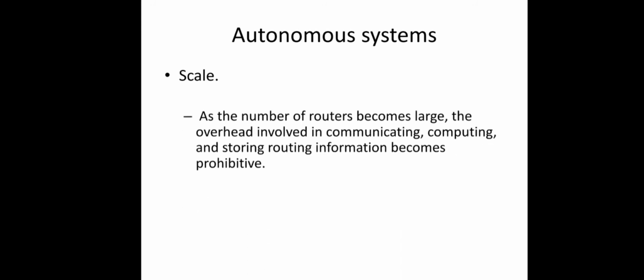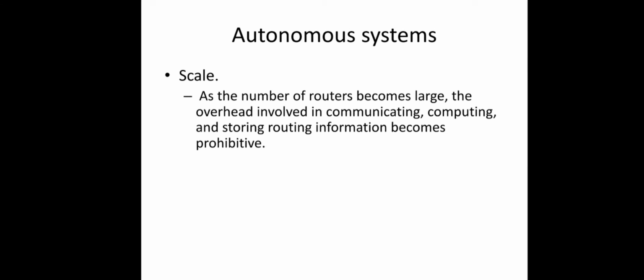First one is scale. As the number of routers in a network becomes larger, definitely the overhead involved in communicating, computing and storing routing information becomes prohibitive, right? Remember the 2 different cases, distance vector routing and link state routing. In both cases, we have to store the information about all the routers in every router, right?